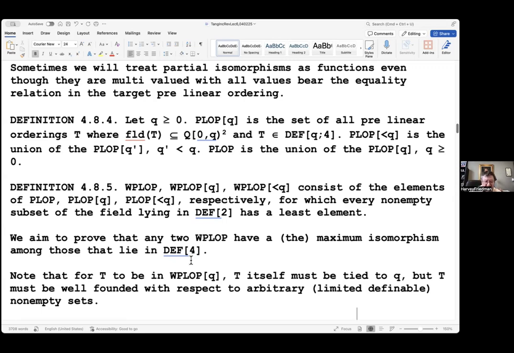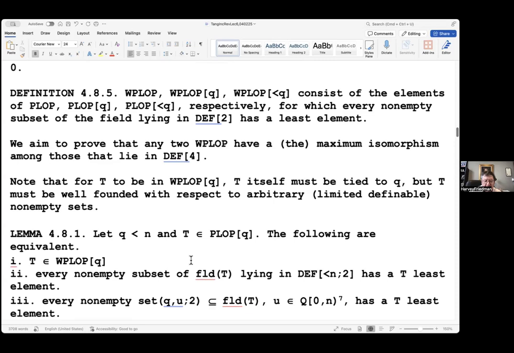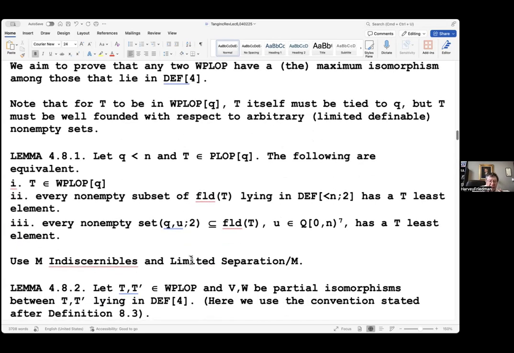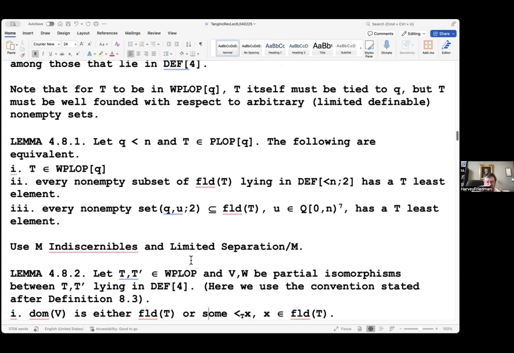We know that for T in W plop of Q, T is a relation, but T must be well-founded with respect to arbitrary, limited, definable, non-empty sets. So we need to start using indiscernibility to get what we want.